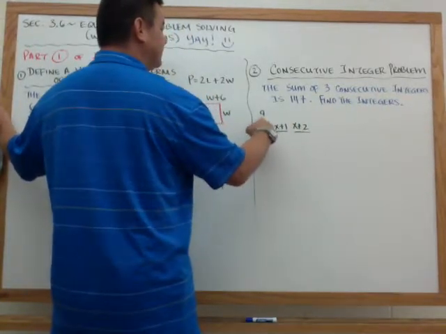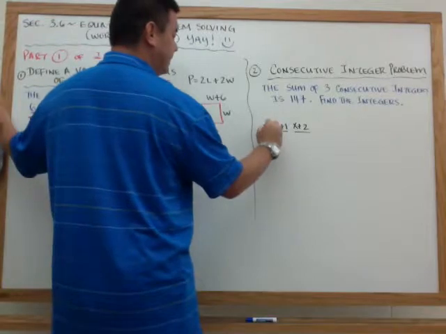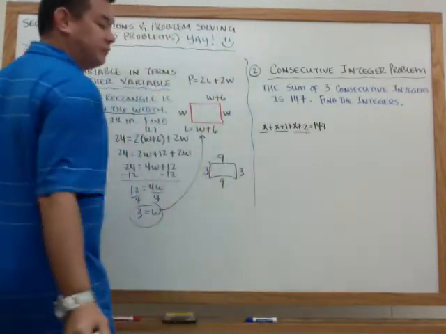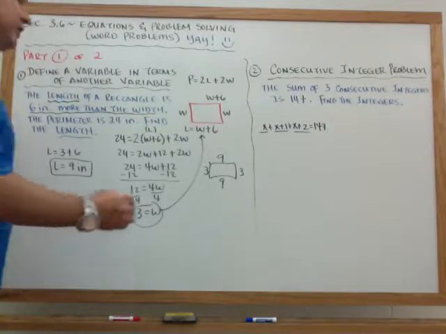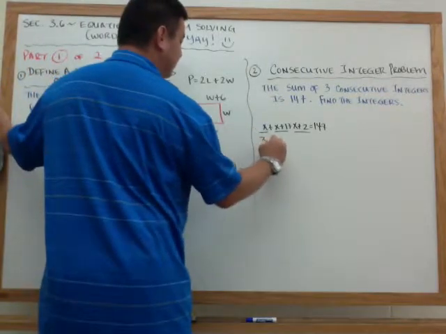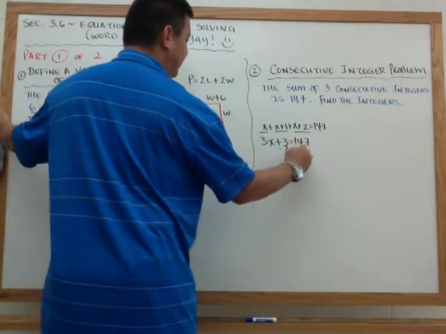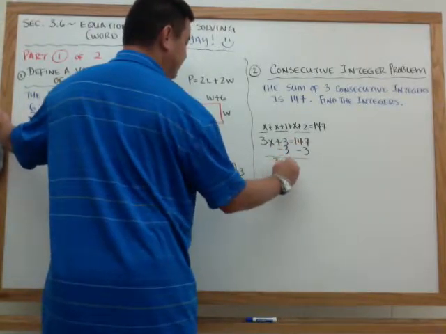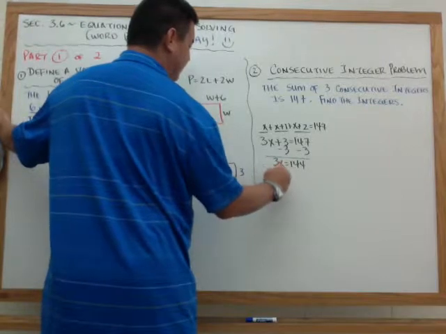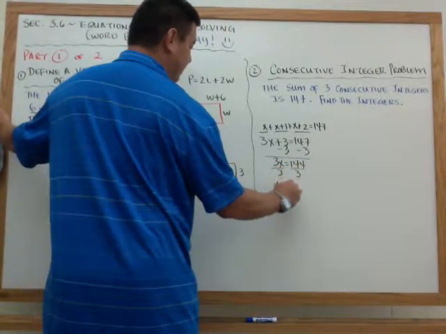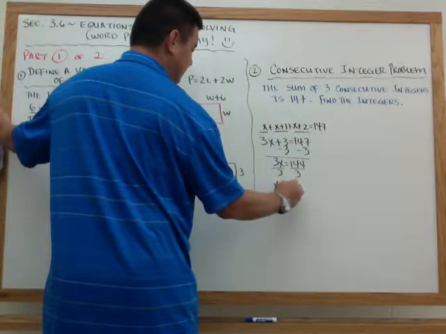What it's saying is the sum, so you need to add it, is equal to 147. Combine the like terms, you get 3x plus 3 is equal to 147. Minus 3, you get 3x is equal to 144. Divide by 3, and you get x is equal to 48.